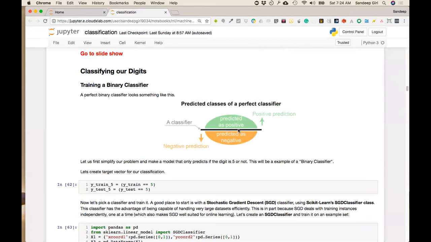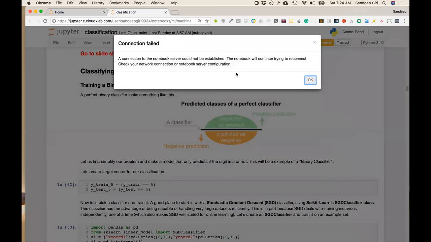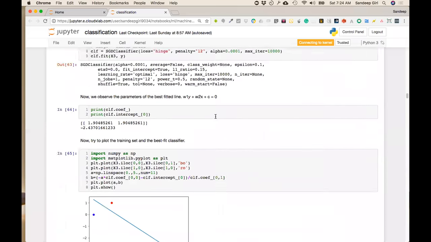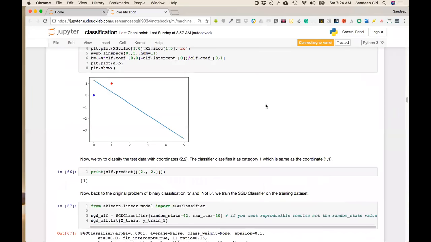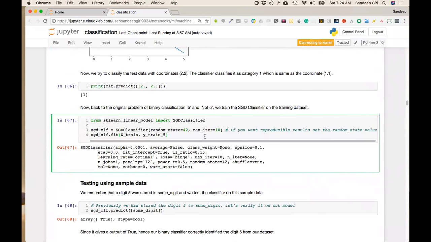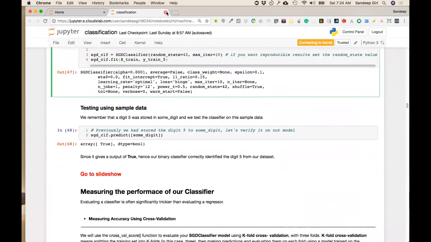So you can say that this is, if we are classifying here, okay, looks like this is a little unstable. Okay, it is still.